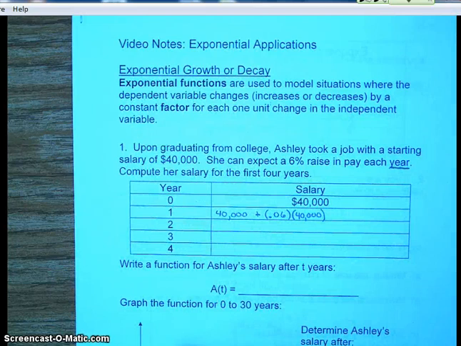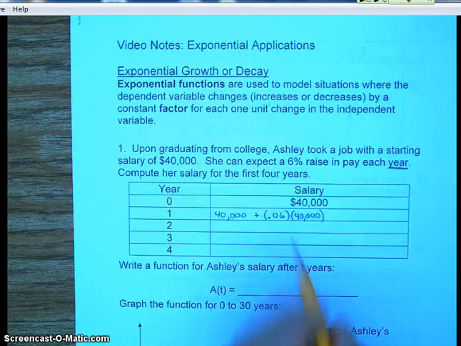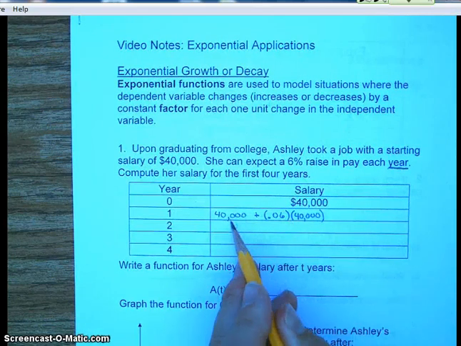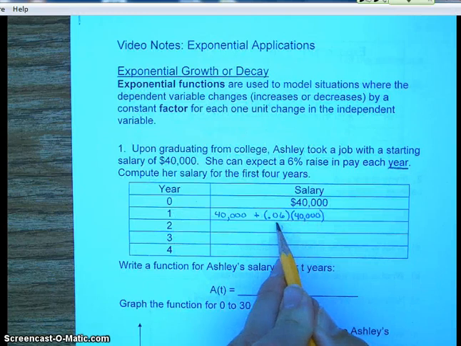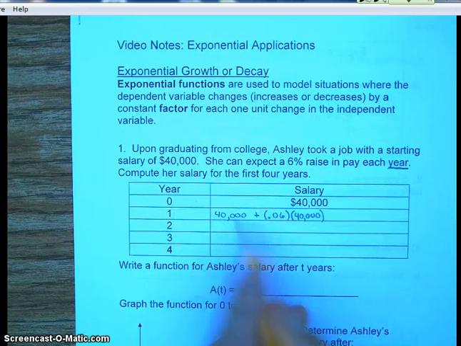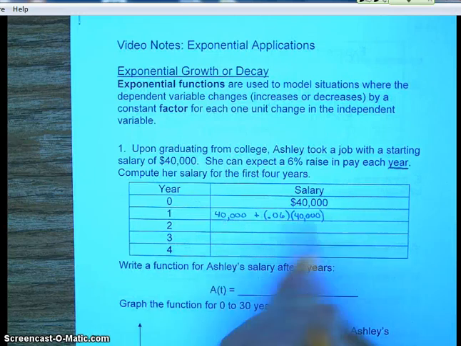Now doing that, we will get her new salary with the 6% raise.